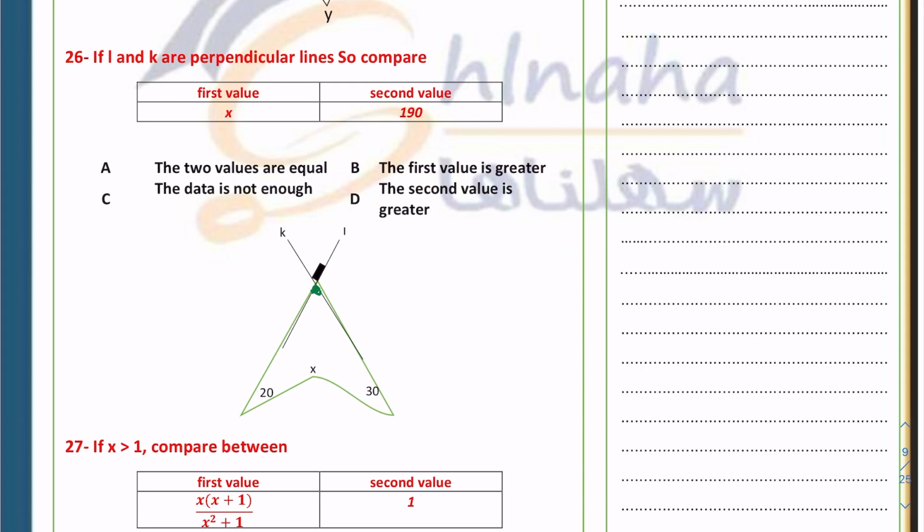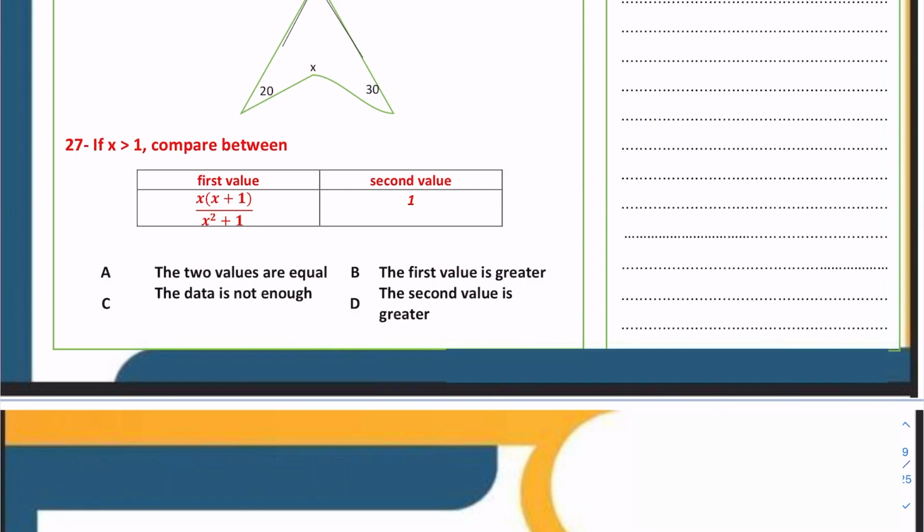Now let's take the second. Compare between this expression and 1. Okay. I have to choose any number more than 1. I can choose 2, for example. So I will write here 2 times 2 plus 1 over 2 squared plus 1. 2 plus 1 is 3 times 2, 6. 2 squared, 4 plus 1, 5. 6 over 5, this is a fraction more than 1.